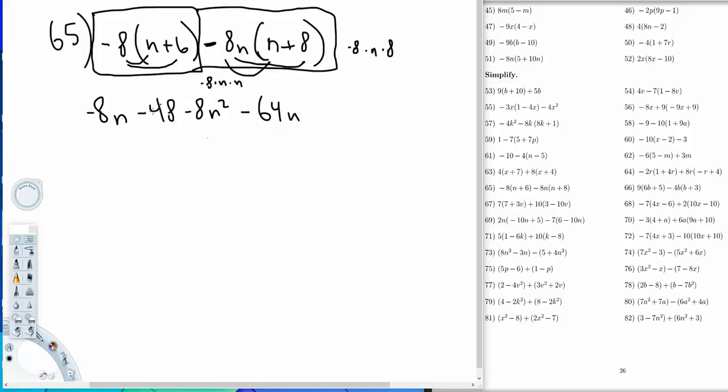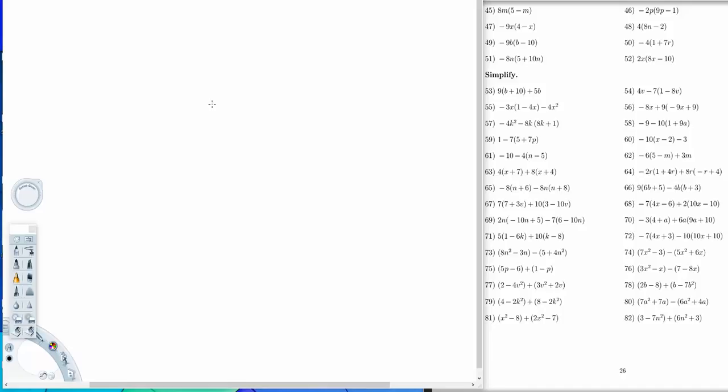Like terms here? Yeah, I think there are. These two buggers. So minus 8n minus 64n equals minus 72n. Bring down this one, minus 48, bring down this one, minus 8n squared. Yeah, and I got the right answer. All right. Number 66 now.